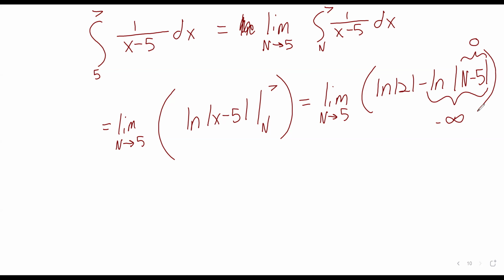Then the natural log of 2 is some finite number. A finite number minus negative infinity is infinity. This whole thing does not exist.